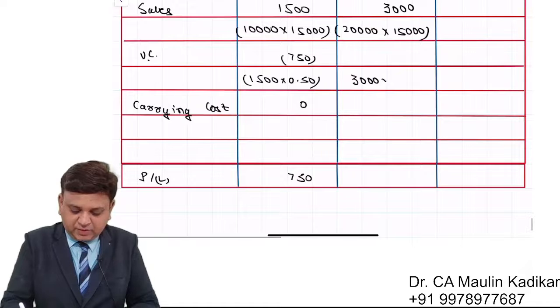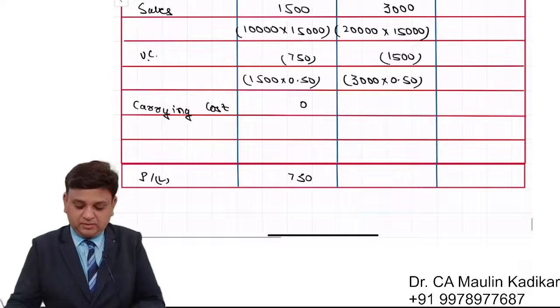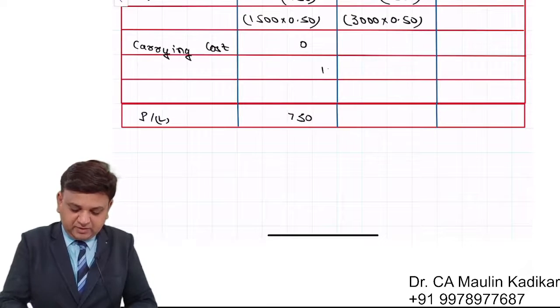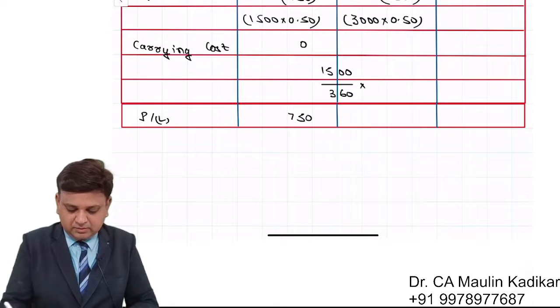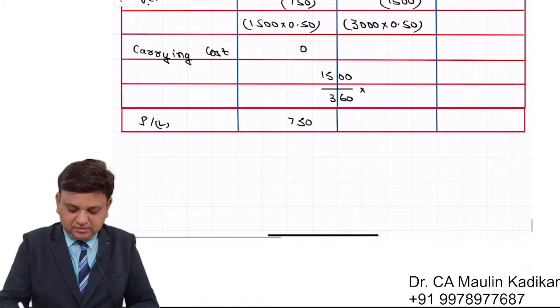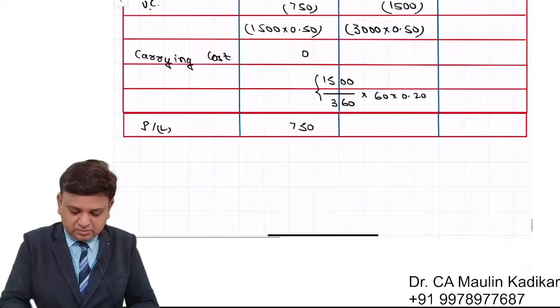Then 3,000 into 0.5 comes to 1,500. Then 1,500 divided by 360, multiplied by 60, into 0.20.